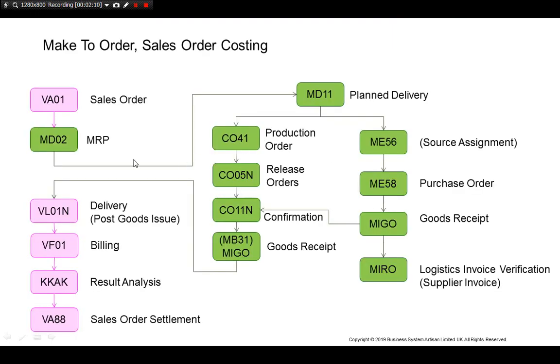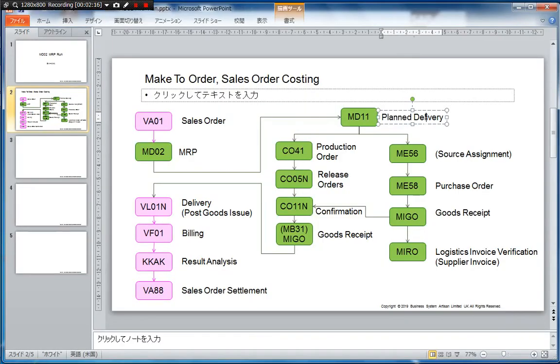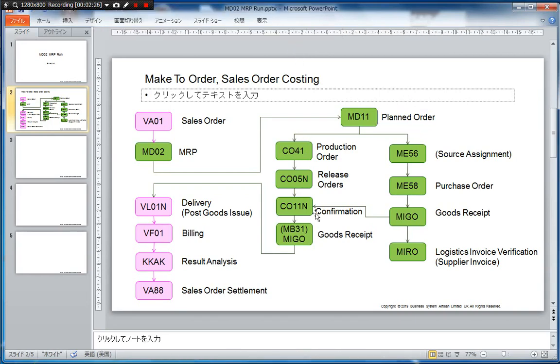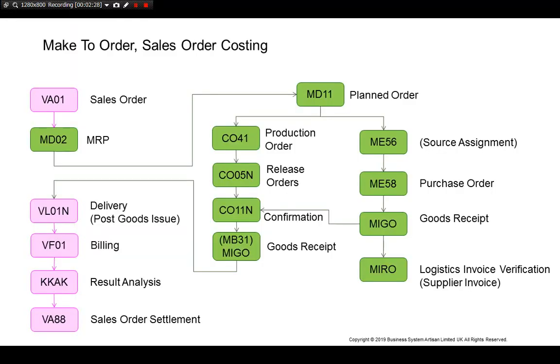When you run the MRP, it creates the planned order. This planned order is for a production order or for external procurement, which creates a purchase requisition.